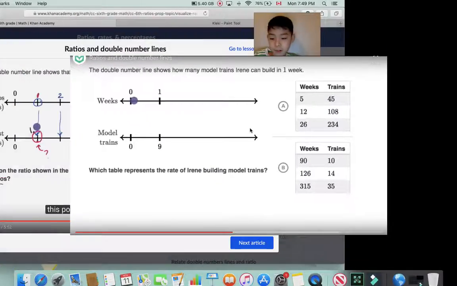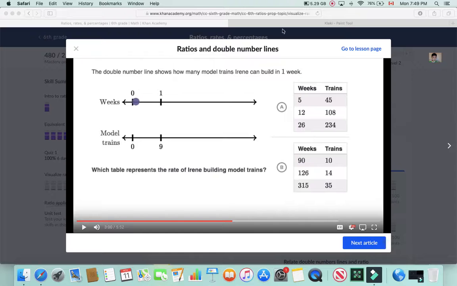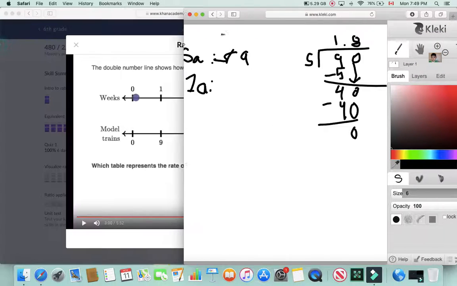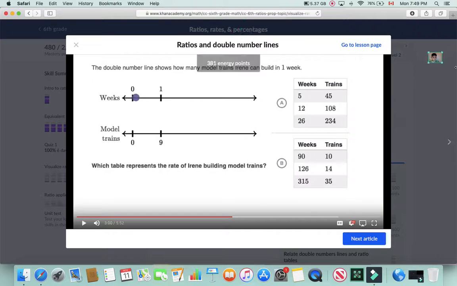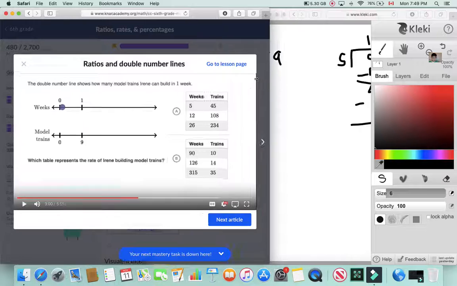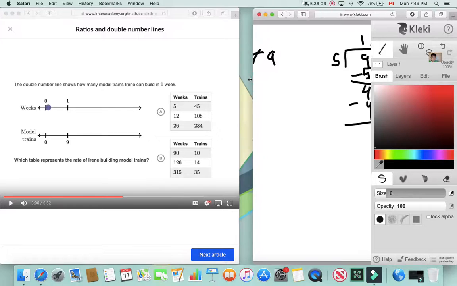Oh, flip. It doesn't work. A little bit of sneezies.